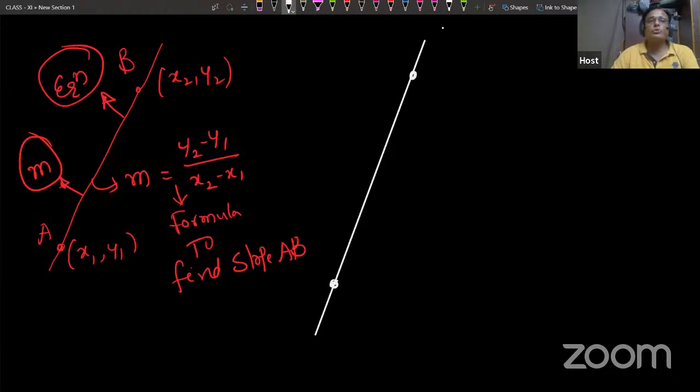The line is passing through two given points, point A and point B. The coordinates of these points I am going to give. So two points I am giving, my dear friends. These are given.